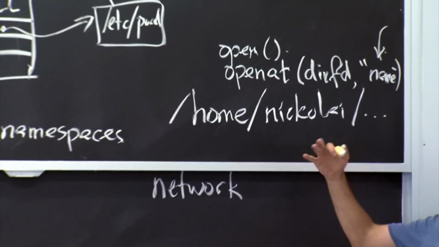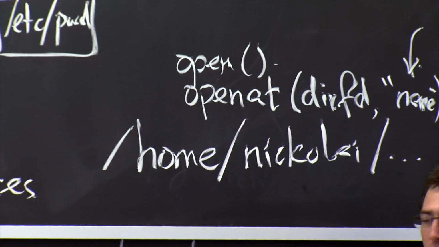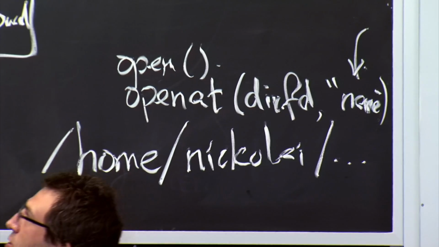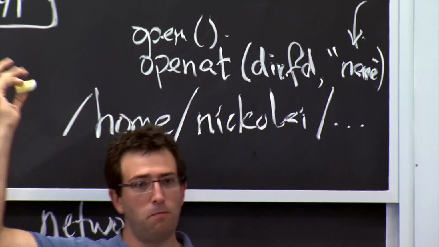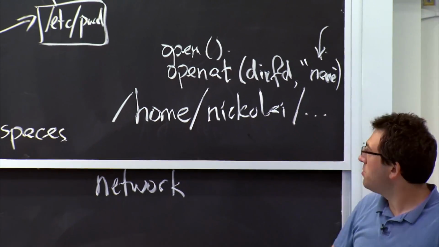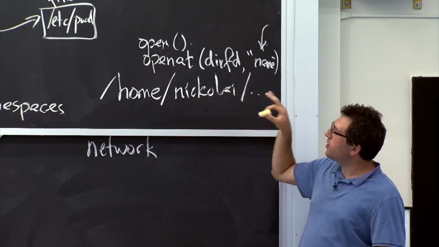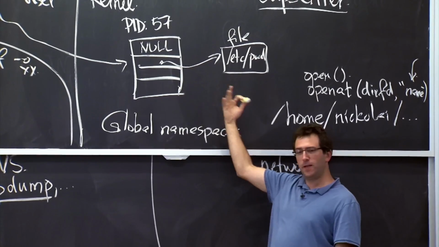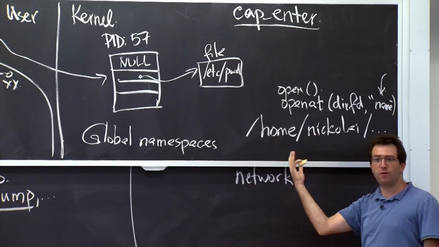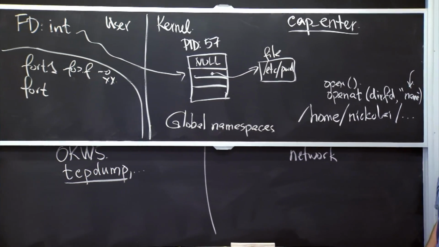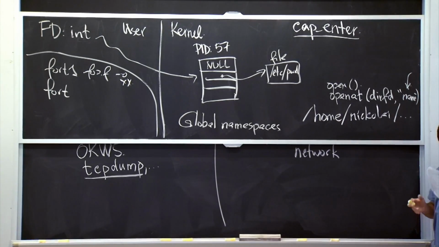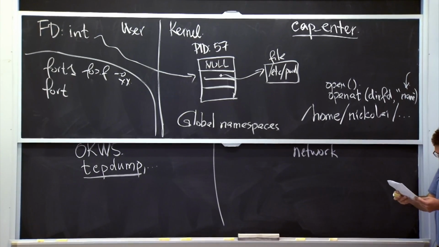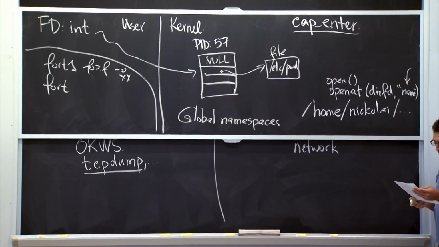So this is a much more capability-like version of open, where you can still perform directory operations, but in order to do this, you have to have a capability to the directory in the form of an open file descriptor for that directory. Make sense? OK.